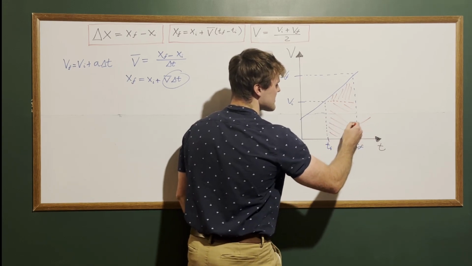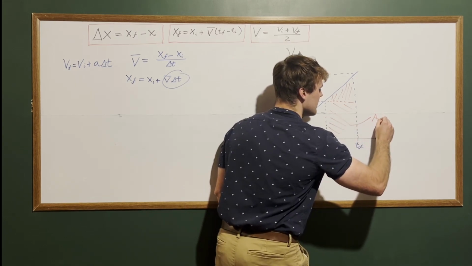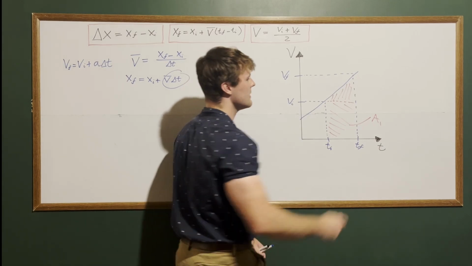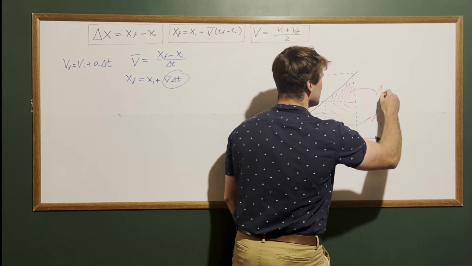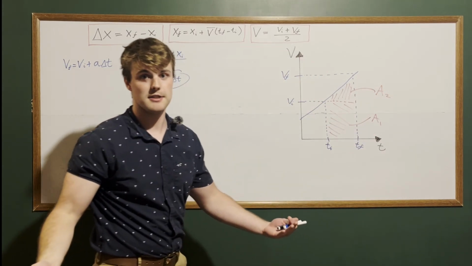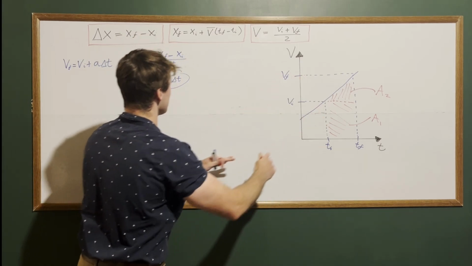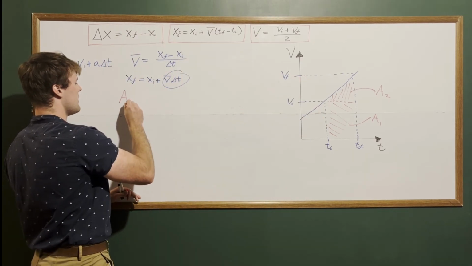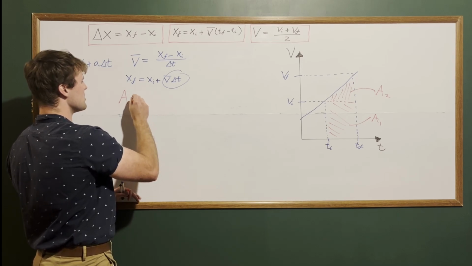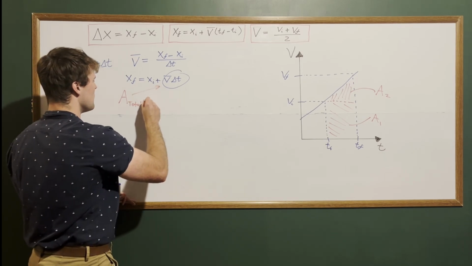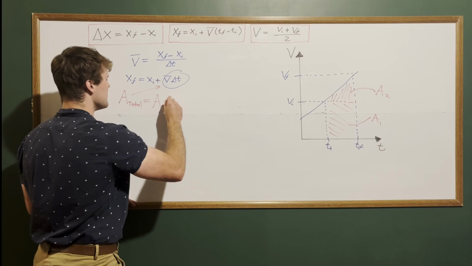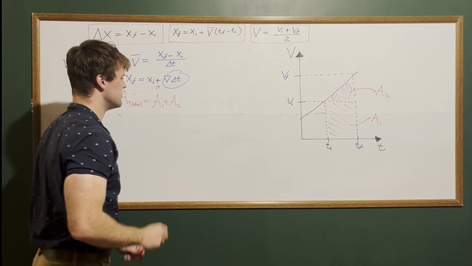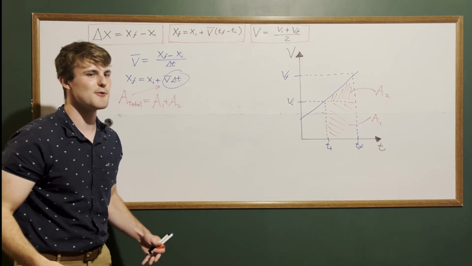And I'm going to call this A1, area 1. And I'm going to call this A2, area 2. So our total area equals A1 plus A2. Okay? Shapes, not too bad.